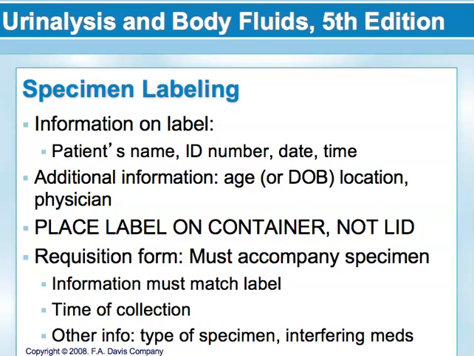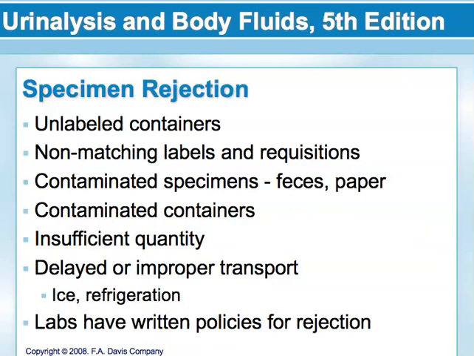And then some additional information that can be included on the requisition: method and time of collection, possible interfering medications, patient's clinical information. Of those parameters, the method and time of collection is probably the most important to us in the lab, because that can affect different testing that we perform.